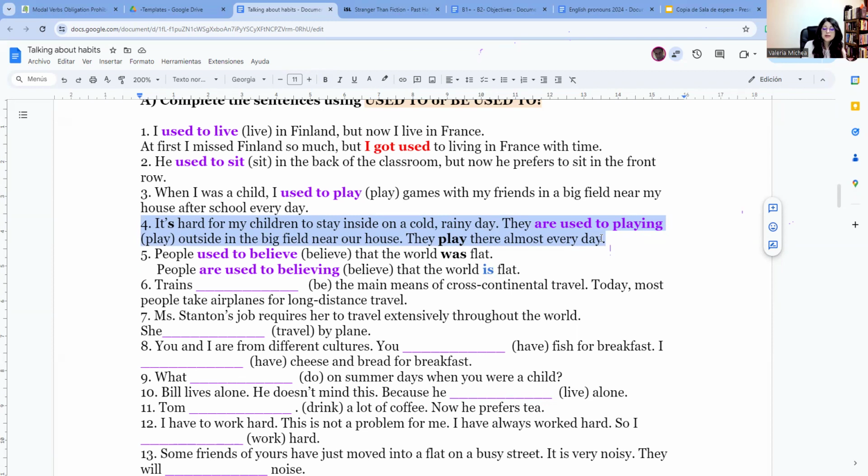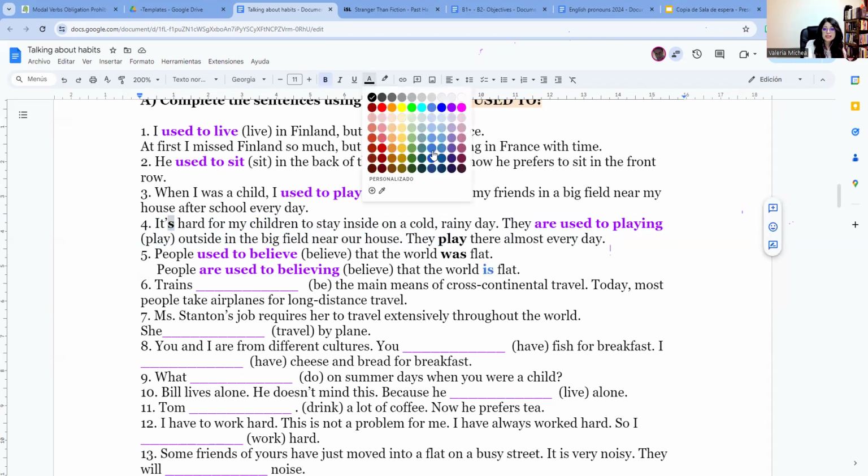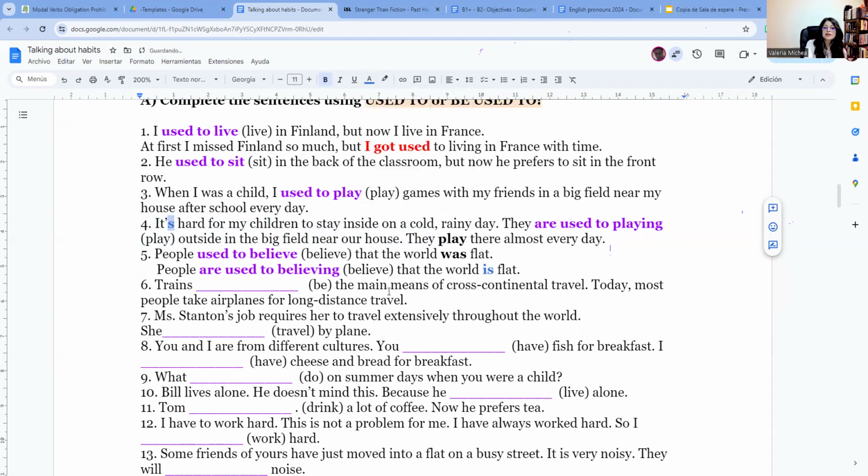It looks like it, but what we have here is that all of the verbs are in the present. So we know that even though they should stay inside on a cold rainy day, it's hard for them. Yeah, they don't do it and they play outside, again, the present, almost every day. All right, so we have there here, there refers to the big field.